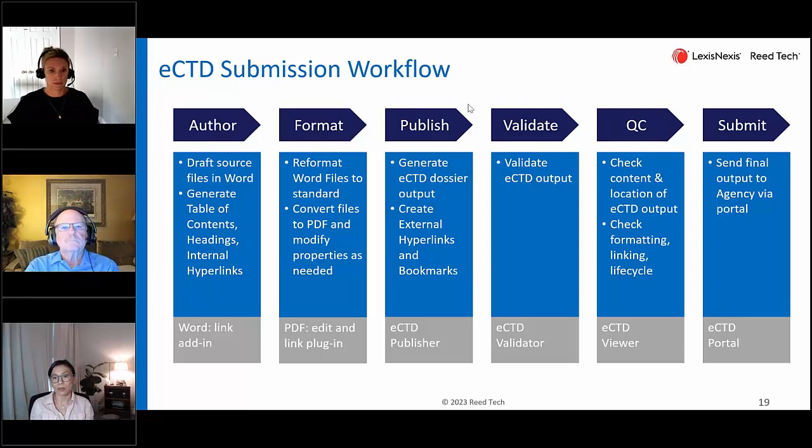Typically what we usually see, and I'm just going to use an example of an NDA, is that all the non-clinical information is finalized. They could start publishing Module 4, get that all done, validate it, review it, shelve it, and move on to the CMC and the clinical sections and get those going through.